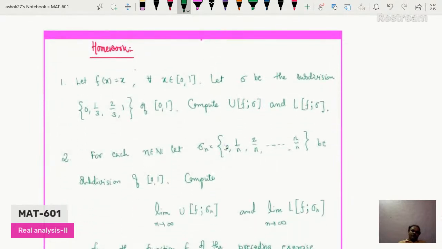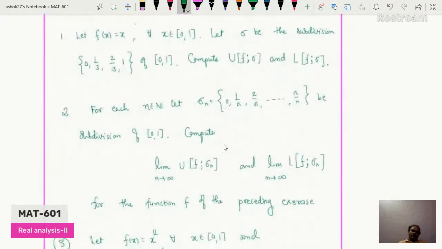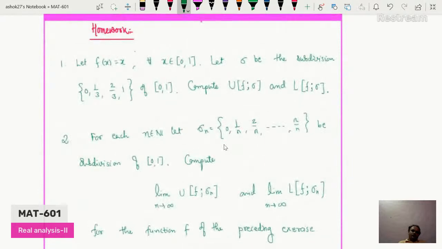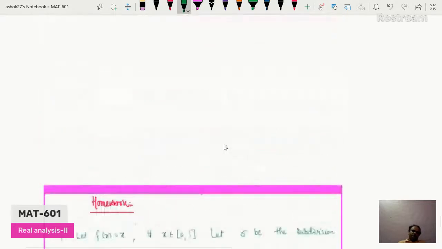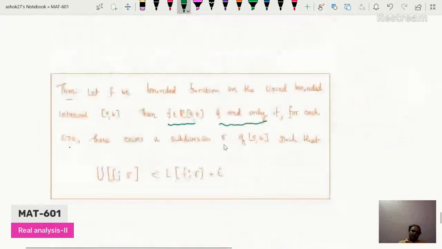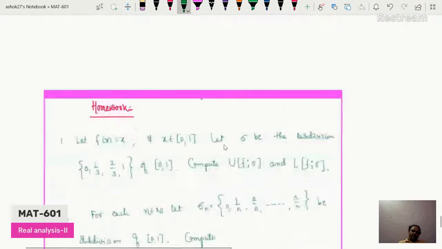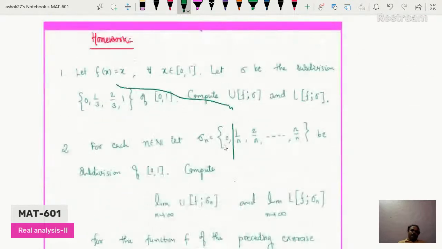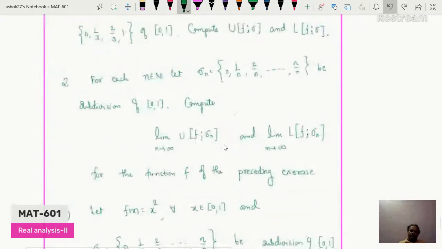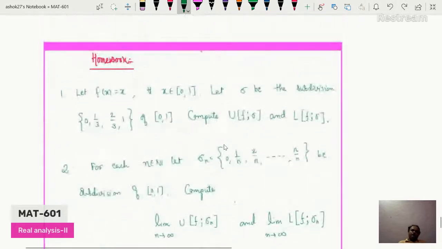Next, I will give some homework on this topic, the definition of Riemann integrable functions. First problem: suppose f is a mapping, f(x) = x for all x in the closed interval [0,1].